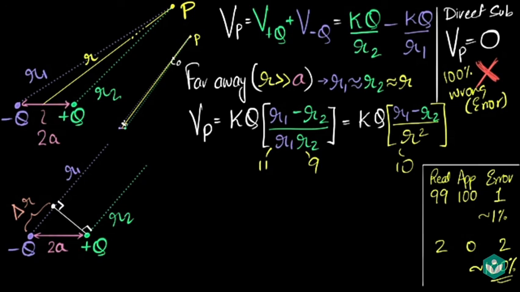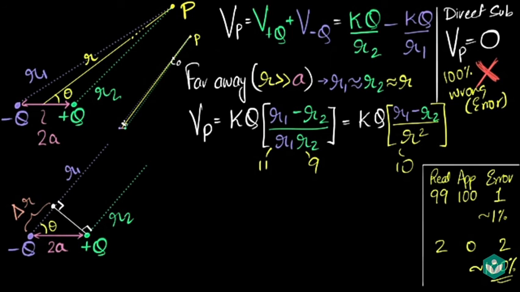So this delta R depends on this angle. Let's call that angle theta. We are assuming that all lines are parallel. So how can we find delta R using theta and this right angle triangle?